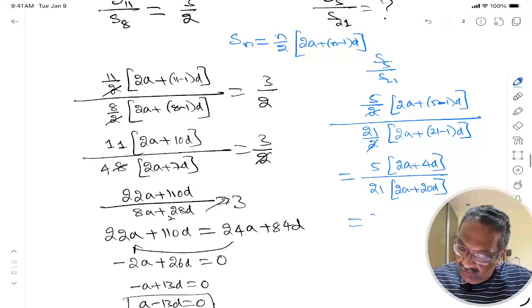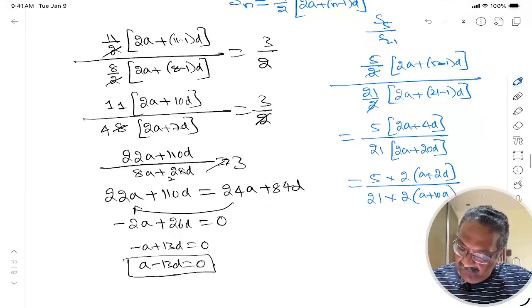I will take 2 common: 5 into 2 into a plus 2d, divided by 21 into 2 into a plus 10d. The 2 cancels. We get 5 into a plus 2d divided by 21 into a plus 10d.